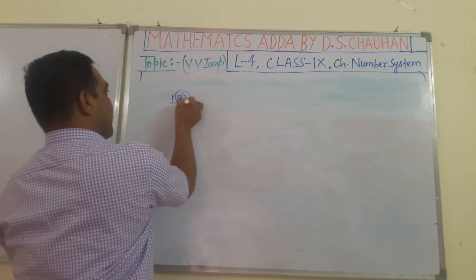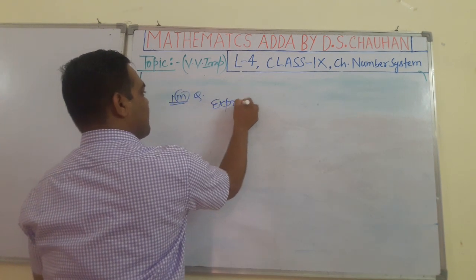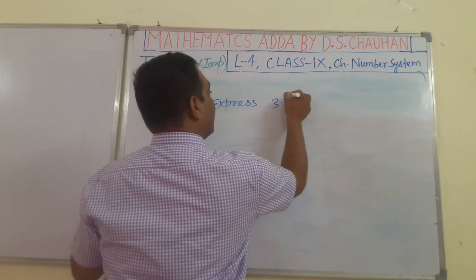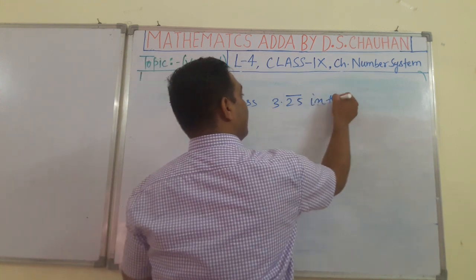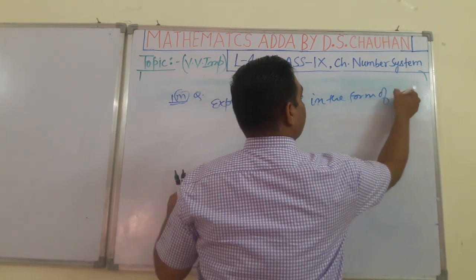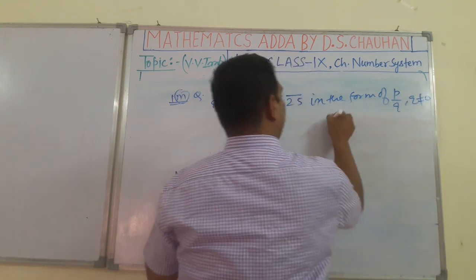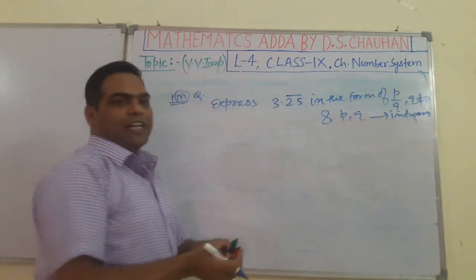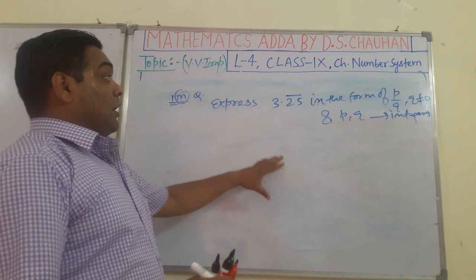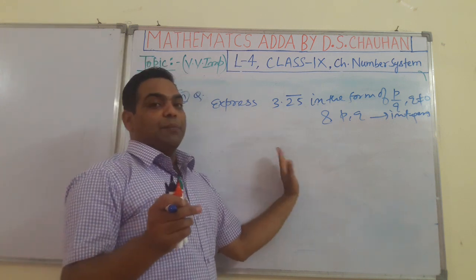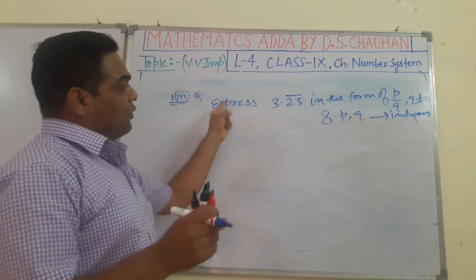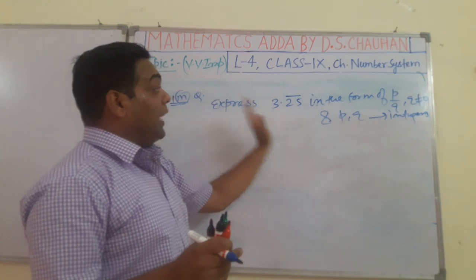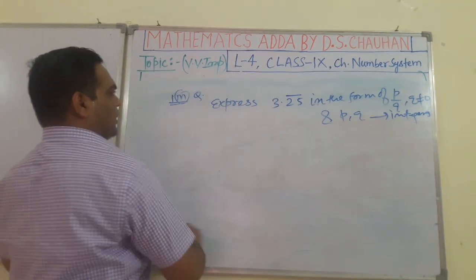For a 1 mark question: express 3.25 bar in the form of P by Q, where Q is not equal to 0 and P, Q are integers. So for a 1 mark question, students, no need to describe as we did in the previous 2 questions, because we want 1 mark. So to get 1 mark, we have to select the most rapid process. So telling you the tricks.